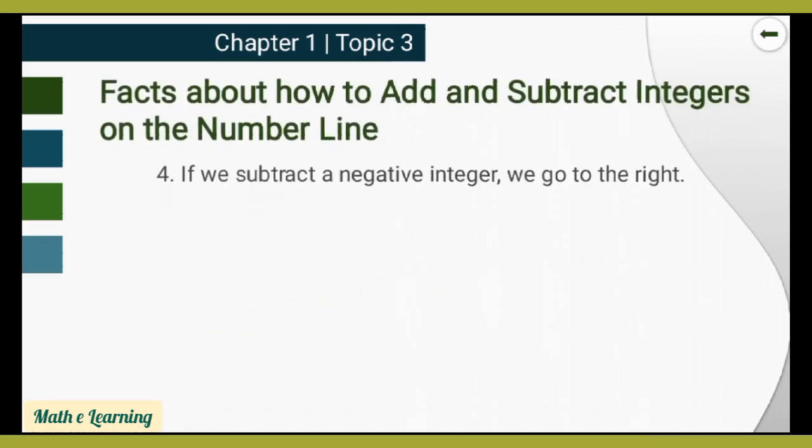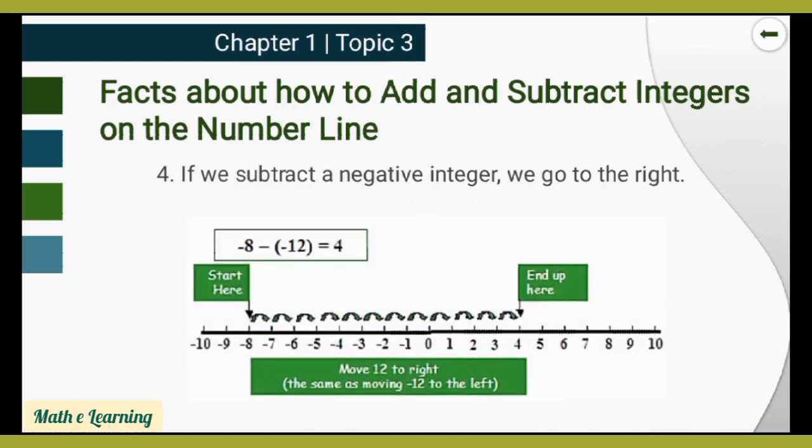The next fact is, if we subtract a negative integer, we go to the right. For example, -8 minus, in brackets, -12. For that, first we mark -8 on a number line, then the negative integer -12 is given.